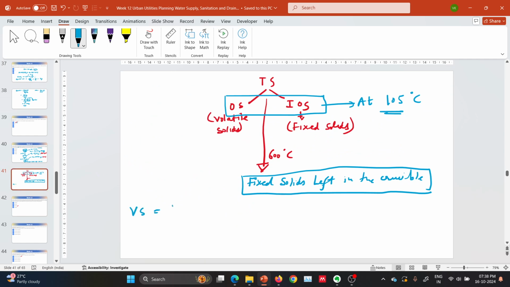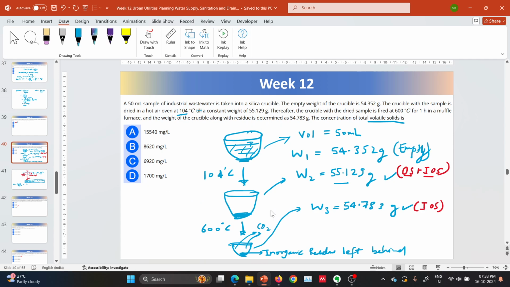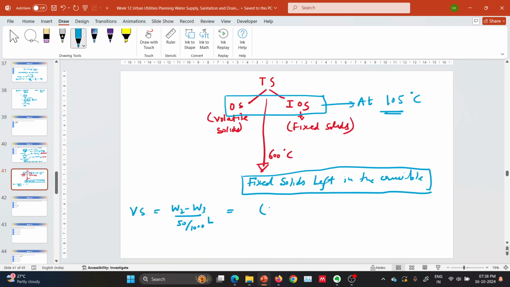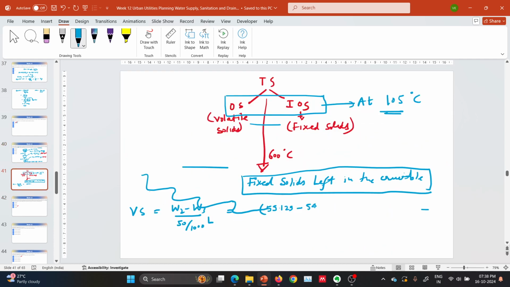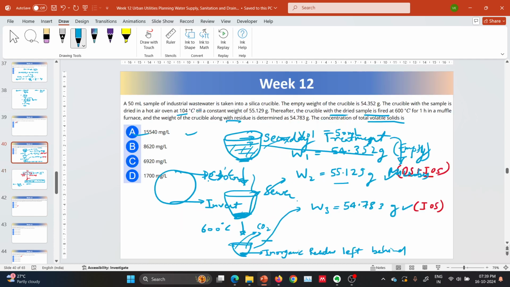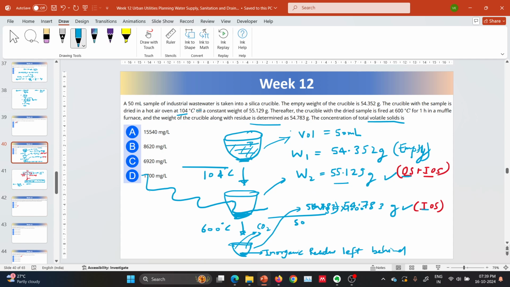Volatile solids concentration is W2 minus W3 divided by 50 by 1000 liter. W2 is 55.129 minus 54.783, divided by 50 by 1000, and this is in grams, and we want it in milligrams.